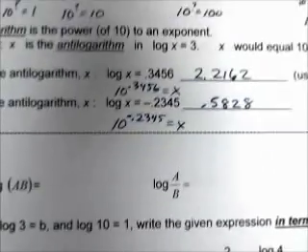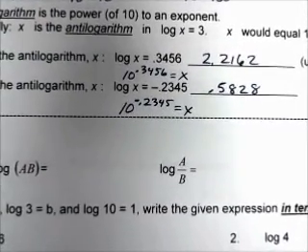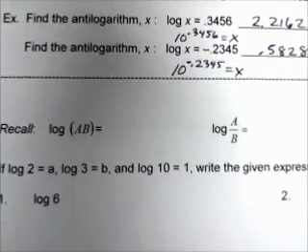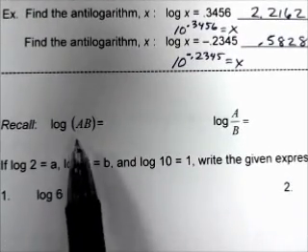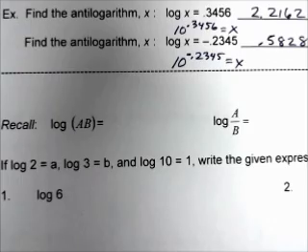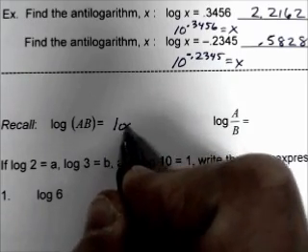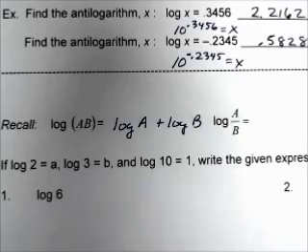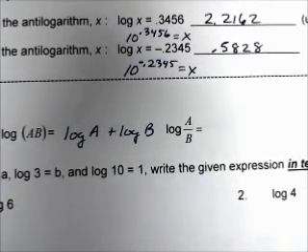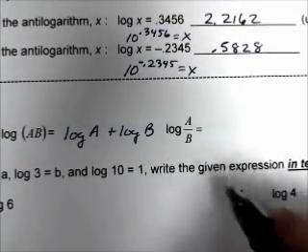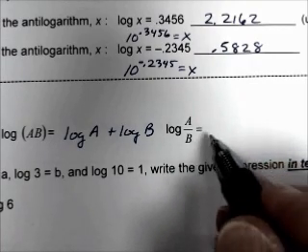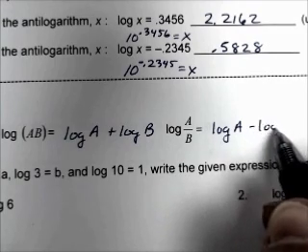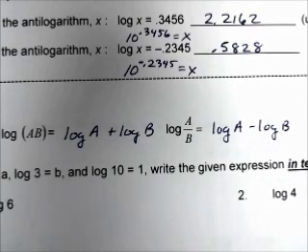Now first let's recall our rules for log. Recall that the log of A times B, or the log of a product, expands to log A plus log B. Log of a quotient, A divided by B, expands to log A subtract log B. Division goes to subtraction.